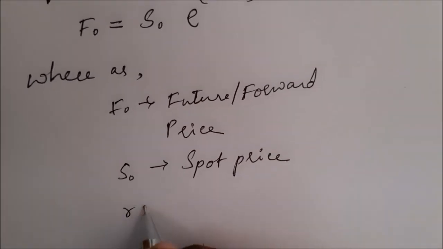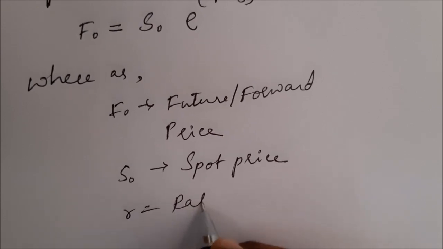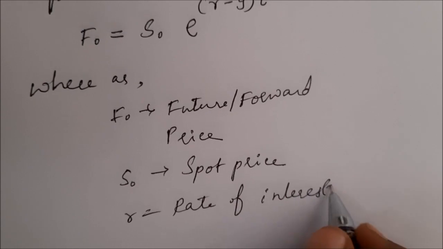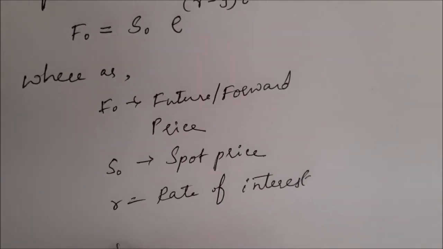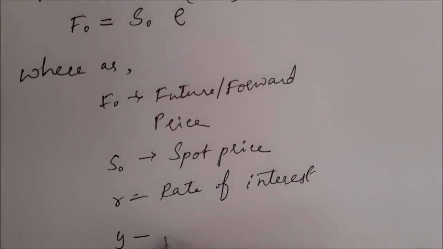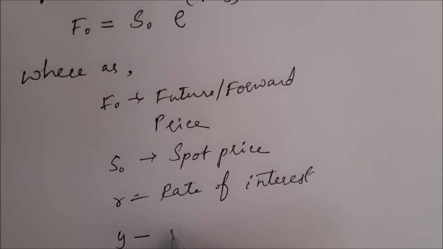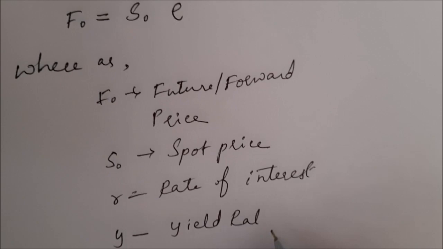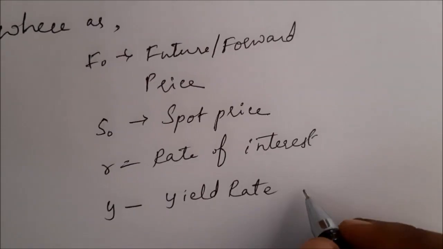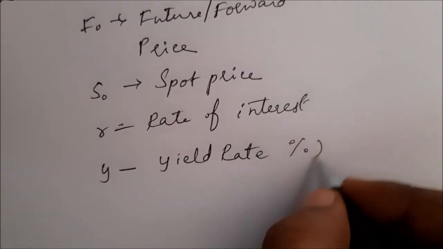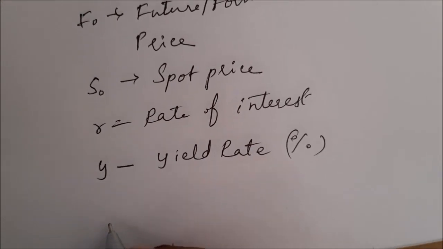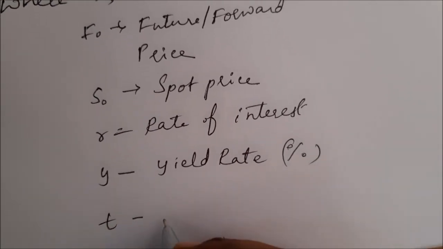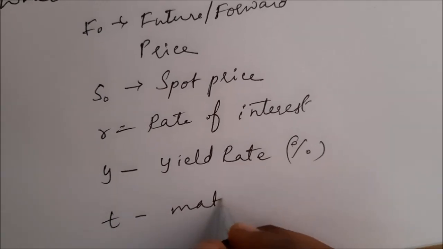R is the risk-free rate of interest, and the new thing is Y. Here Y is nothing but the yield rate. In the question they will give you the yield rate, the dividend yield rate. It will be given in percentage. Next one is T, maturity time.